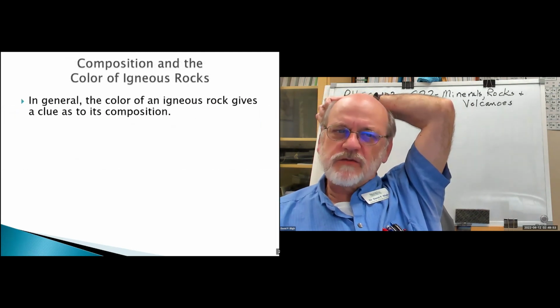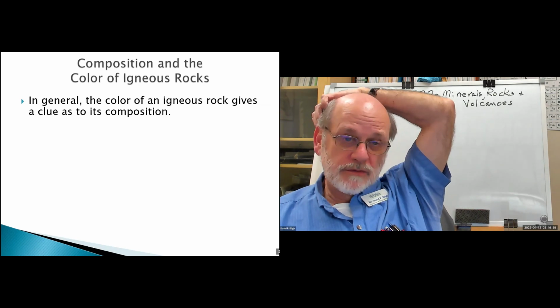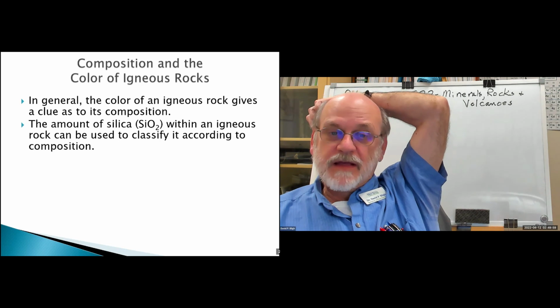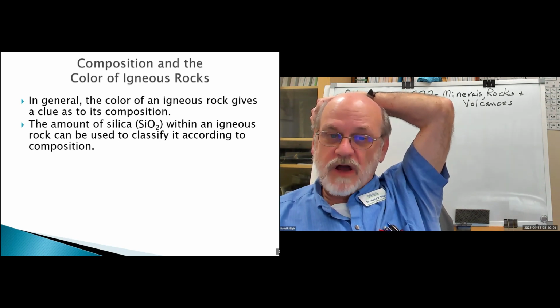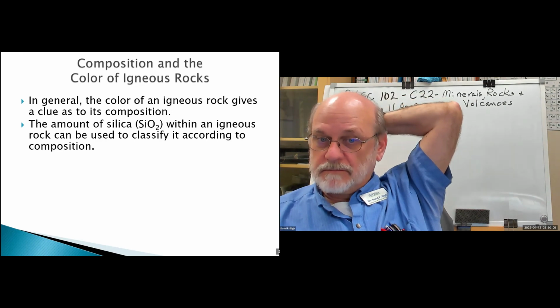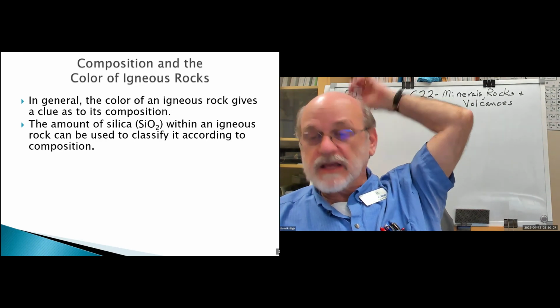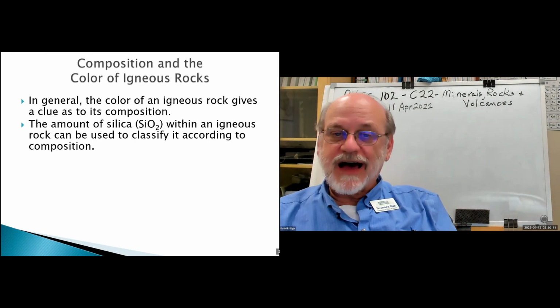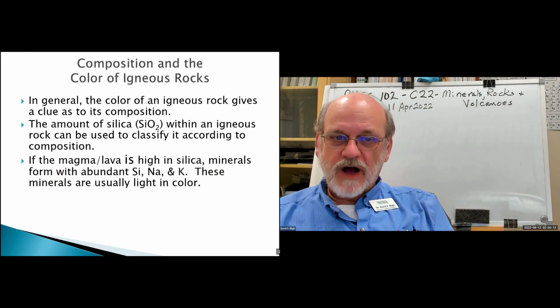The color of an igneous rock can give you a clue as to its composition, right? The amount of silica within an igneous rock can give you another clue as to how to classify that particular igneous rock.